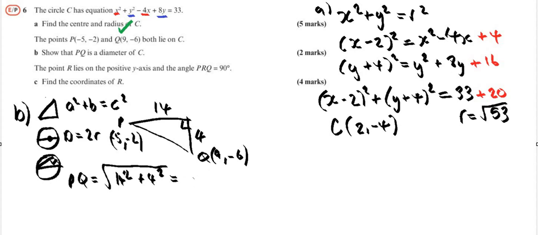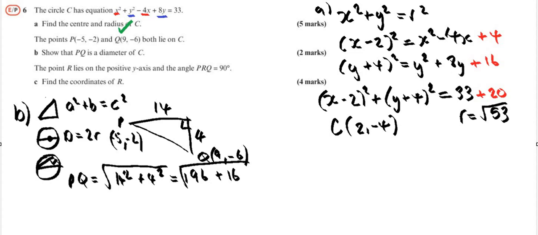14 squared is, sorry, 196, of course. And then I add 4 squared, which is 16.